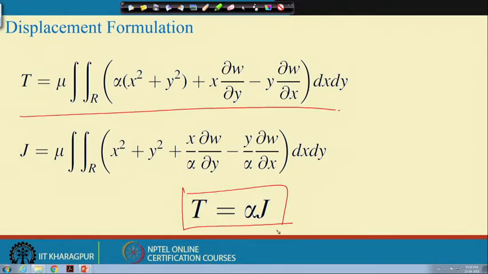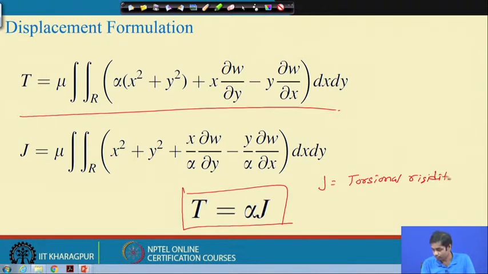J is called torsional rigidity. Okay, you see why it is called rigidity. Essentially, alpha is equal to T by J, right. What is alpha? Alpha is the angle of twist per unit length. If you apply more torque, the angle of twist increases, but for a given torque, how is alpha related to J?